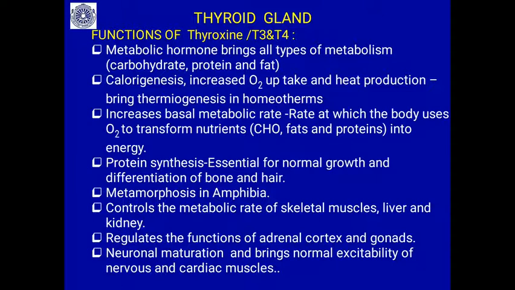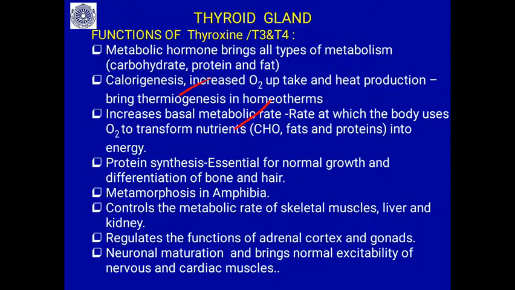Homeotherms maintain a constant temperature in their body. This heat production is through metabolism, which is under the regulation of thyroxine. It also increases the basal metabolic rate.